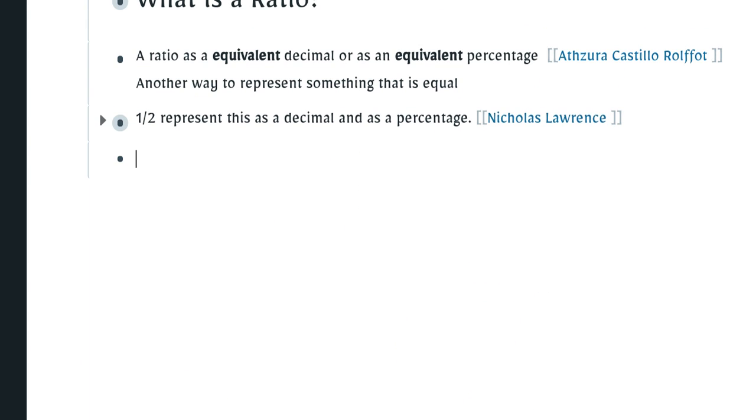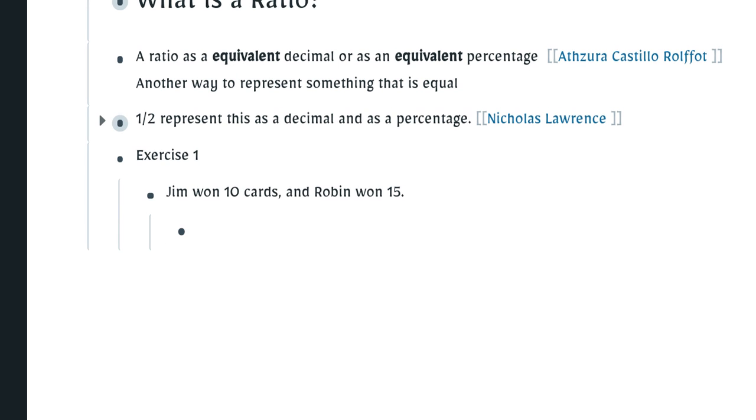So that was a little exercise, right? We're going to say now that we have someone named Jim. So exercise 1. Jim won 10 cards. And Robin won 15. Question 1.